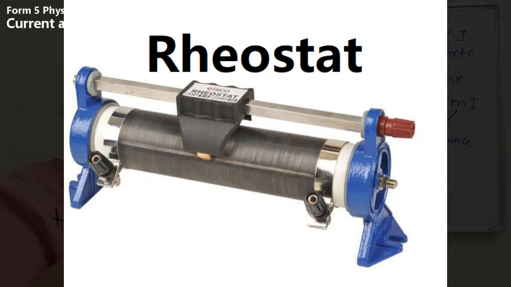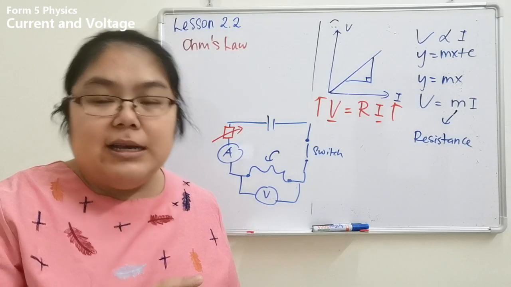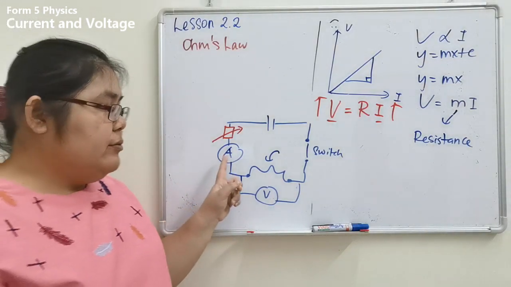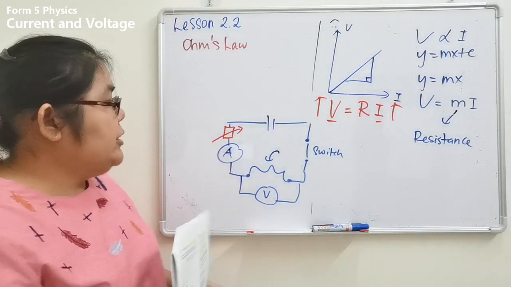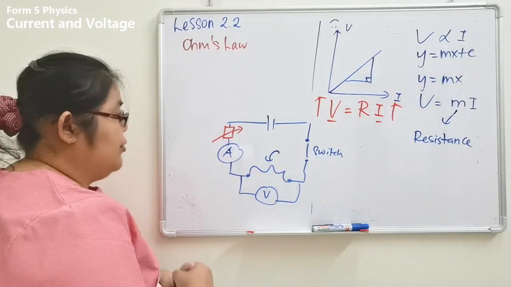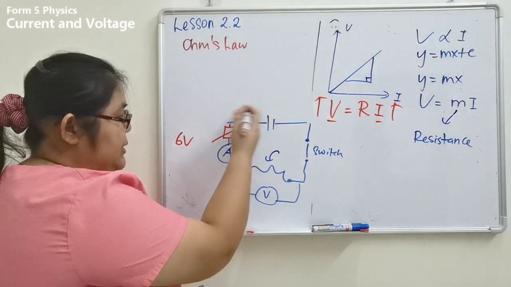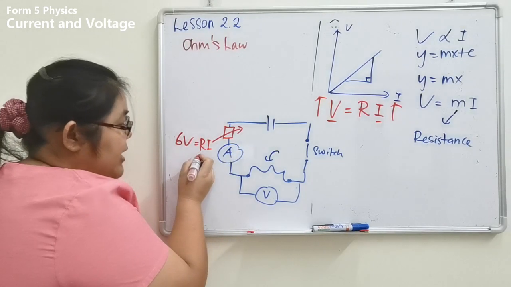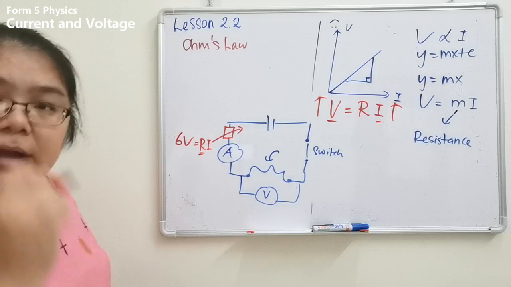How do you adjust the current? When I adjust the rheostat, you see the ammeter needle will move. Suppose I do not adjust the current, I adjust the rheostat. I adjust the resistance. When I adjust the resistance, the voltage coming here is the same, 6 volt. Now I adjust the rheostat resistance.